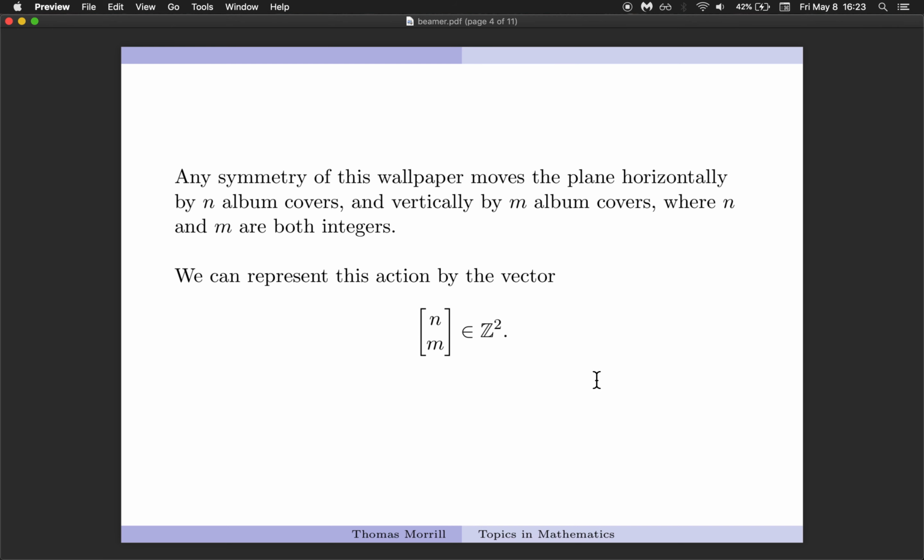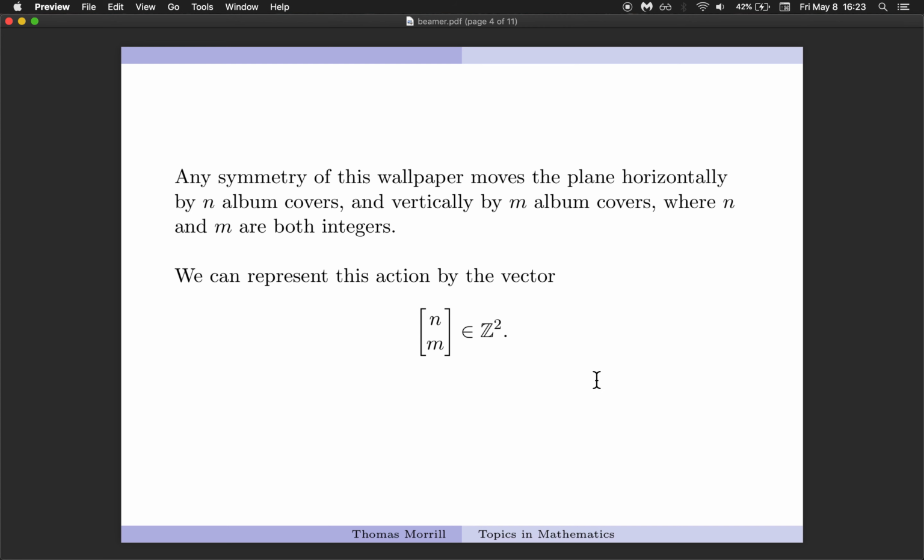Now, you might be thinking that the wallpaper that I just showed you, as radical as that artwork is, is not terribly exciting in terms of its symmetries, right? Everything is just, do I move left or right? Do I move up or down?